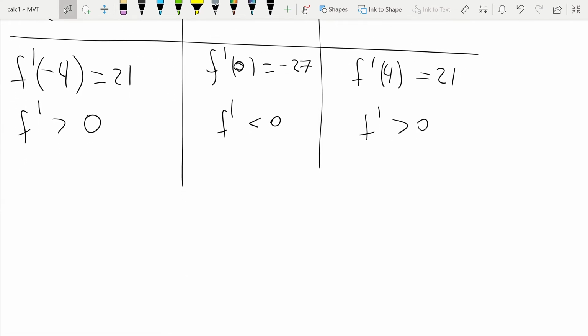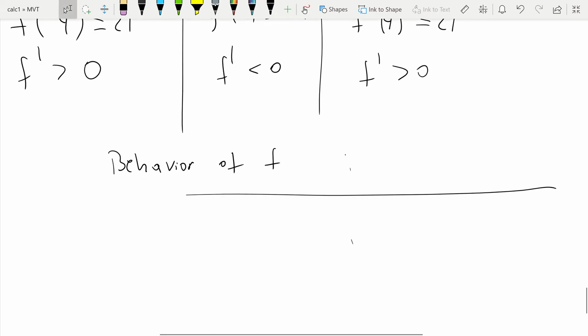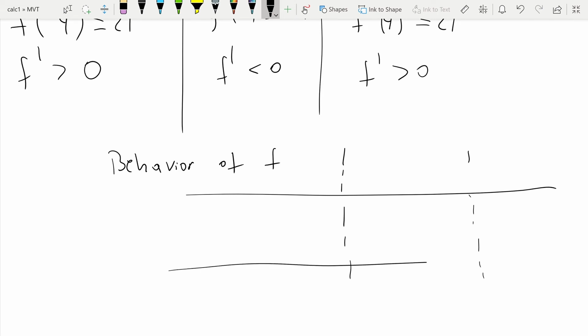And so what's the behavior of f? Let me just erase this so we make things more clear to everyone. Before reaching the point -3, the function is increasing because the derivative is positive.